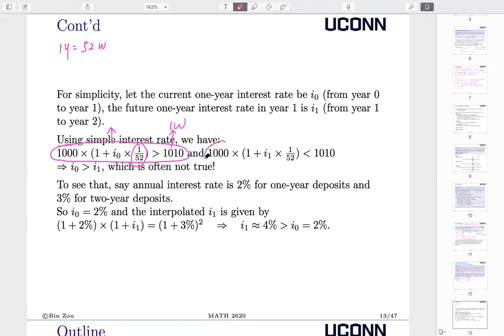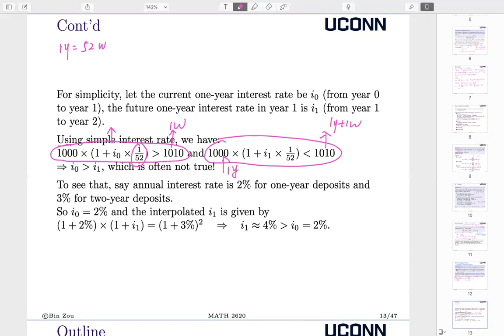But if you apply the same to the second scenario, we get this result, because more people prefer 1,000 plus 10 extra dollars over 1,000 in 1 year. This is in 1 year plus 1 week, and this is in 1 year.